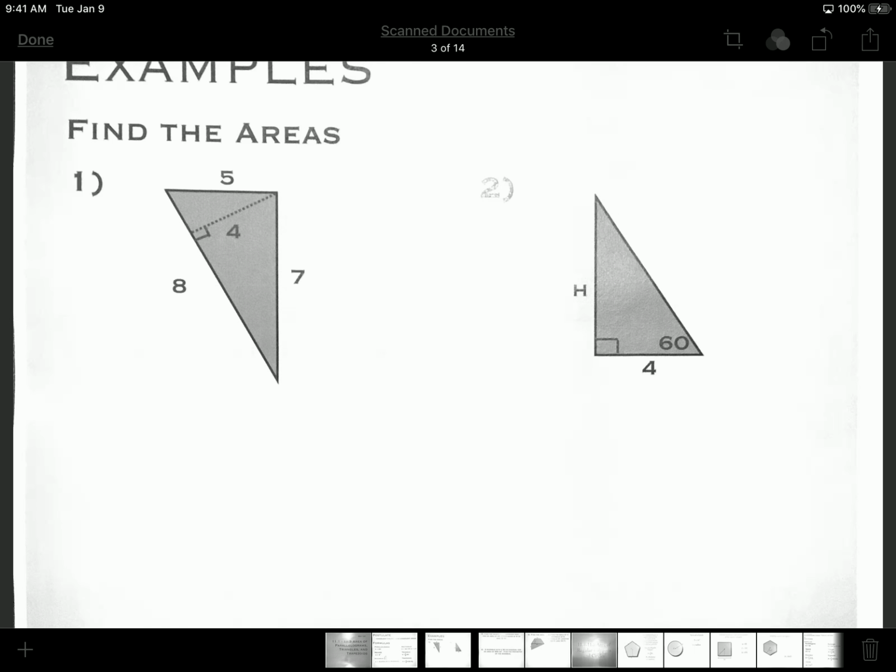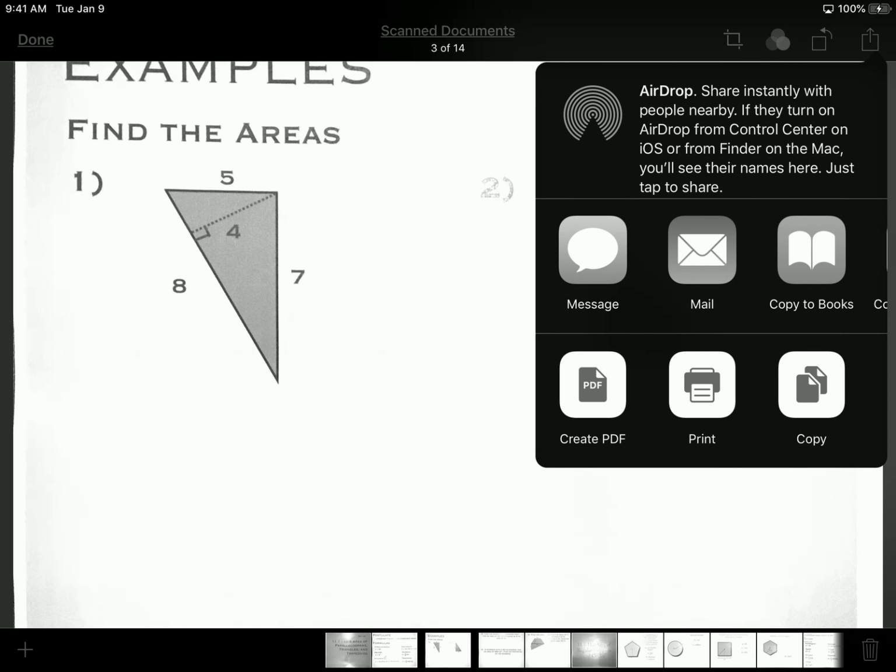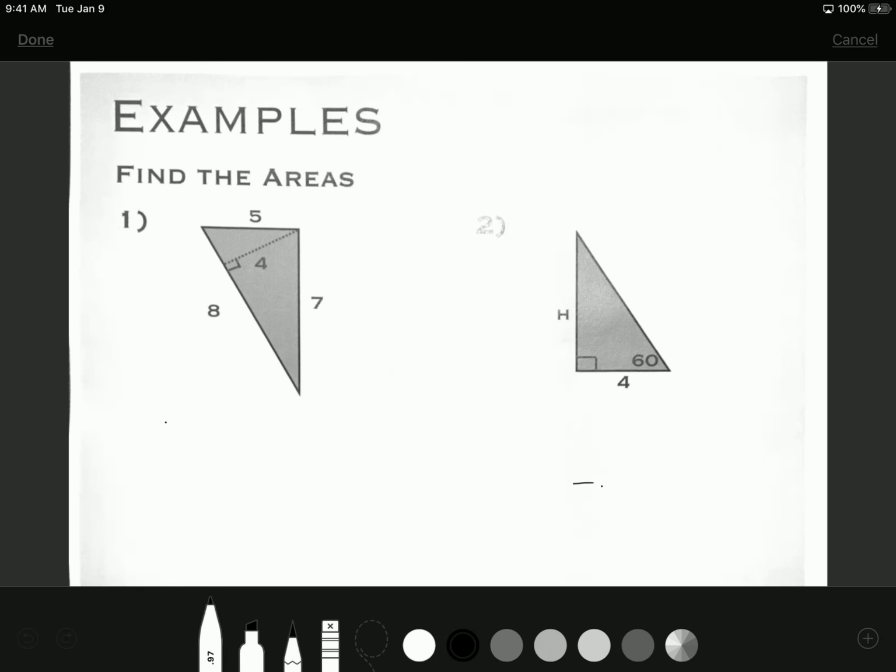First couple problems that we have are triangles. So for these triangles, we can do the formula 1/2 base times height. The important thing is there's 4 different numbers on this, and the ones that we're most interested in are the ones that form 90-degree angles with one another.